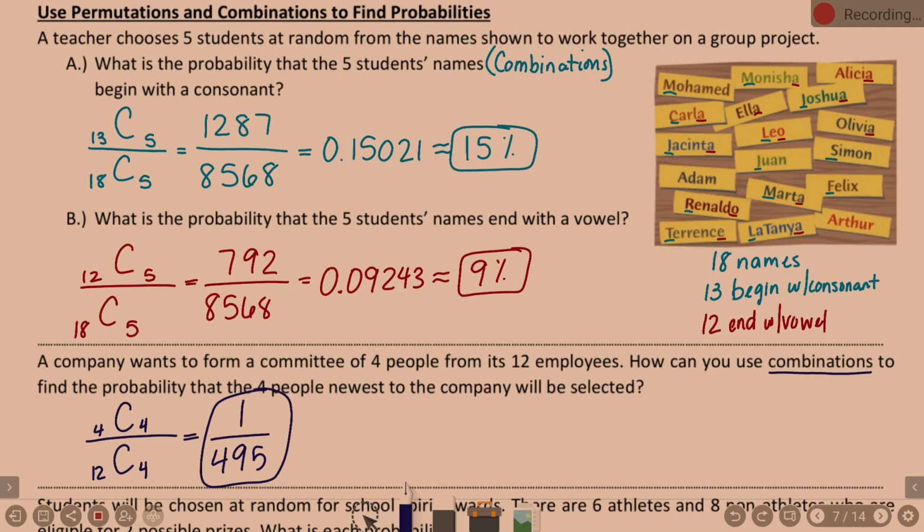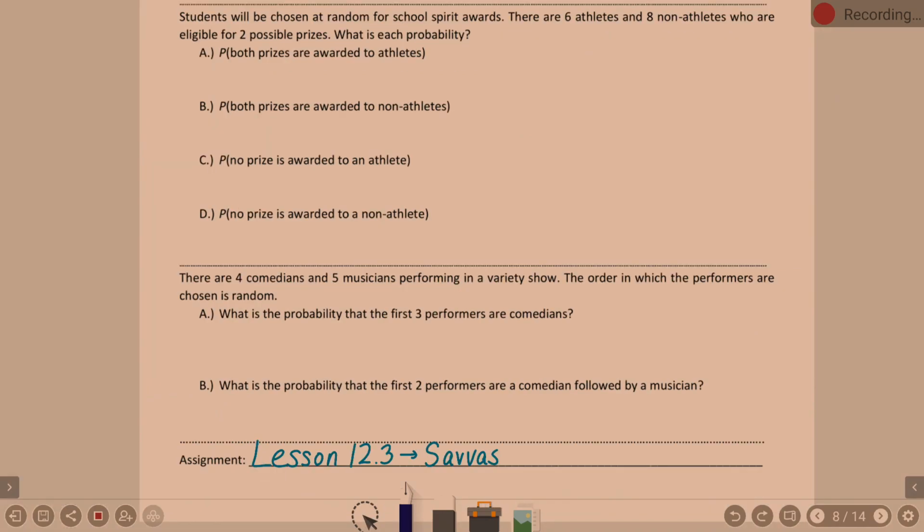We're obviously not going to have time to do the next section. Students will be chosen at random for school spirit awards. There are 6 athletes and 8 non-athletes who are eligible for 2 possible prizes. What is each probability?